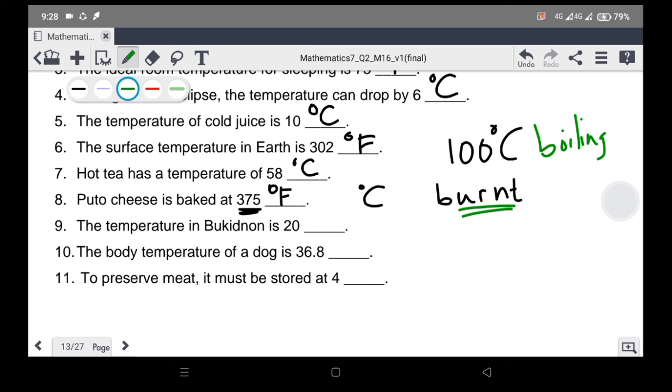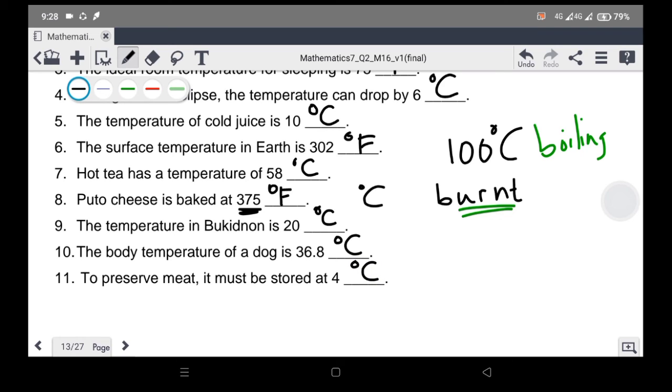Number 9. The temperature in Bukidnon is 20 degrees Celsius. So we will pick Celsius. Number 10. The body temperature of a dog is 36 degrees Celsius. Number 11, to preserve meat, it must be stored at 4 degrees Celsius.